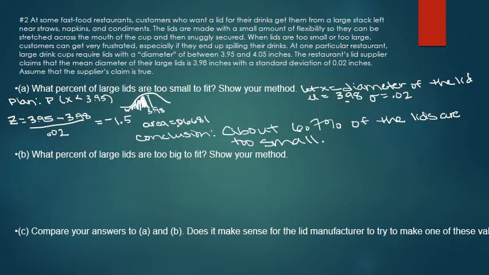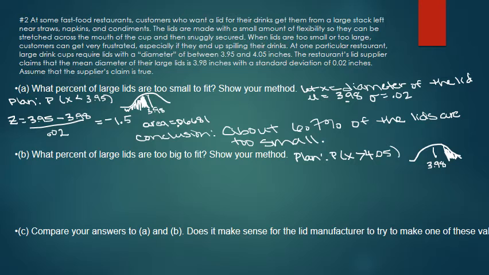So what percent of lids are too big to fit? So the plan again, we don't have to do the let statement again because it's the same problem. The plan part would be what's the probability that x is greater than the biggest size, which is 4.05. We would want to make our curve. 3.98 would go in the middle. 4.05 is a couple standard deviations from the mean.